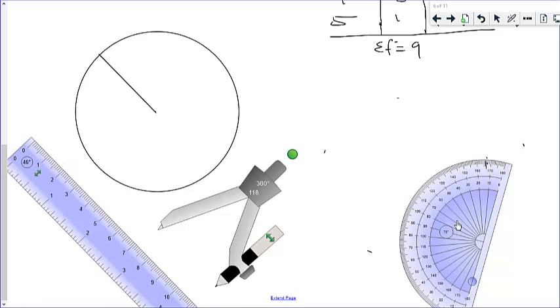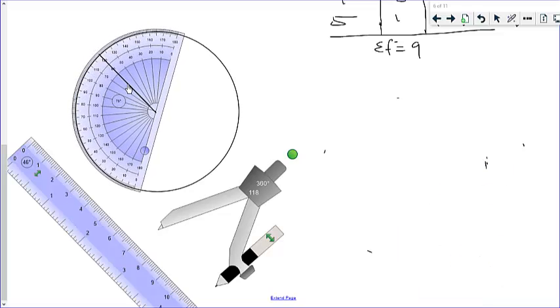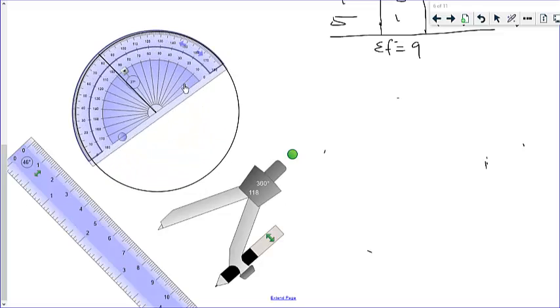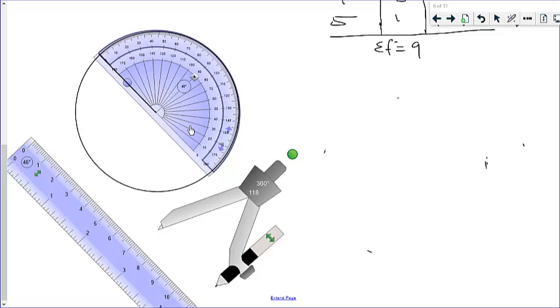Then use your protractor to now measure the angles. So the first angle is 40 degrees. 40 degrees will be somewhere here.